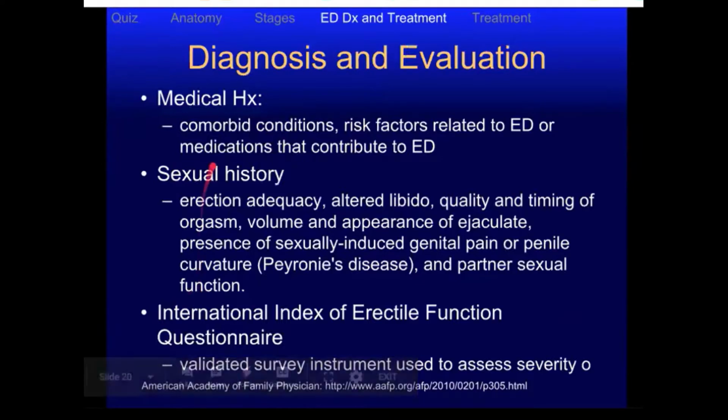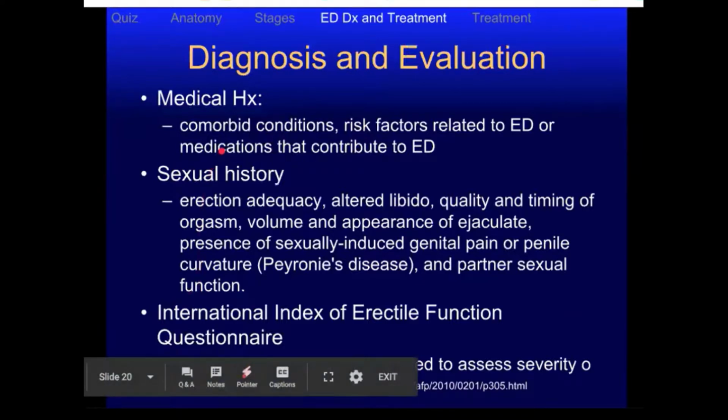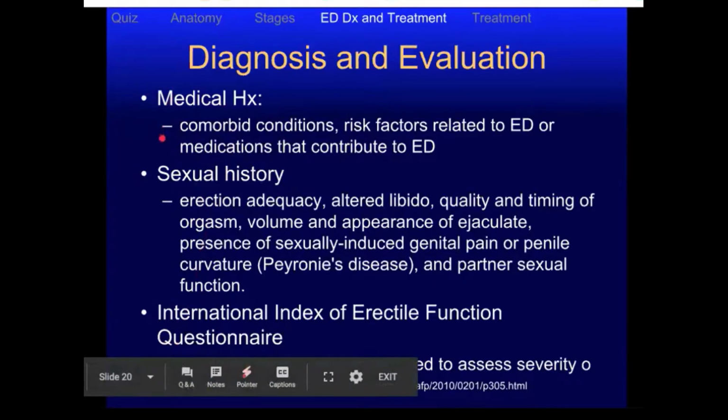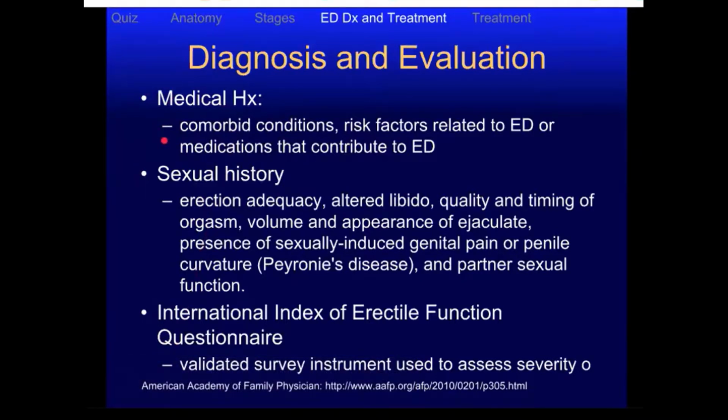Diagnosis and evaluation. Because there are so many different contributing factors, people who specialize in ED, so urologists and whatnot, have to go through a very extensive history. Medical history, we said, right?